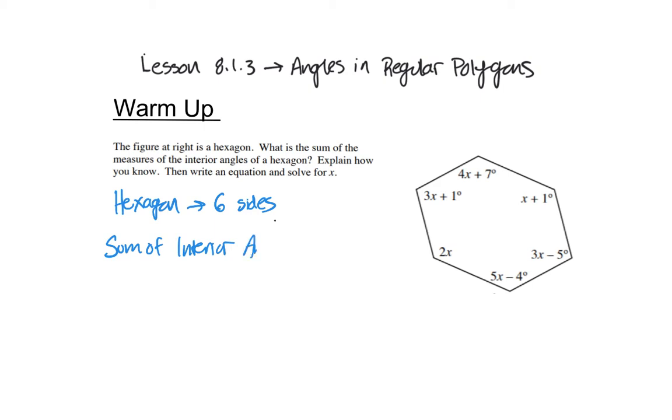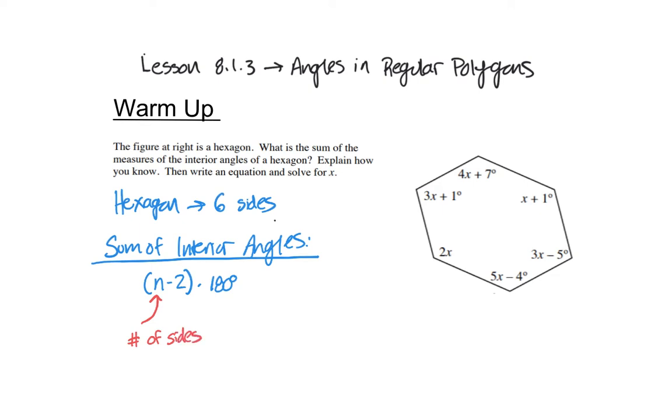The sum of the interior angles in any polygon is given by the following equation, and that's n minus 2 times 180 degrees. I'll explain this a little bit, but n represents the number of sides in our shape. And so in our particular instance, that would be 6.